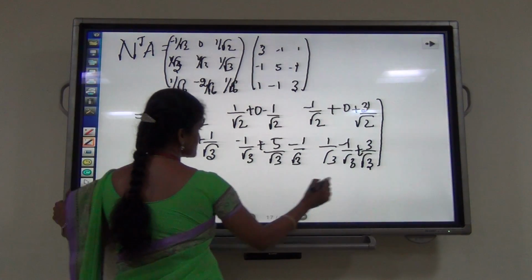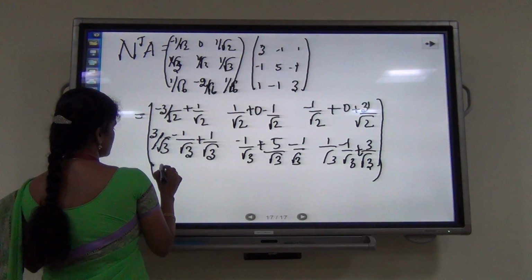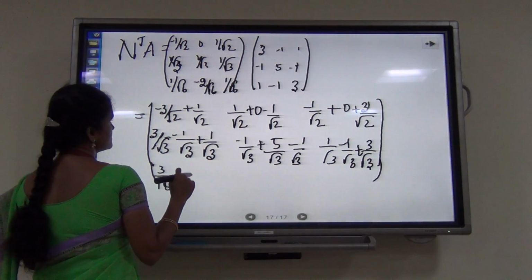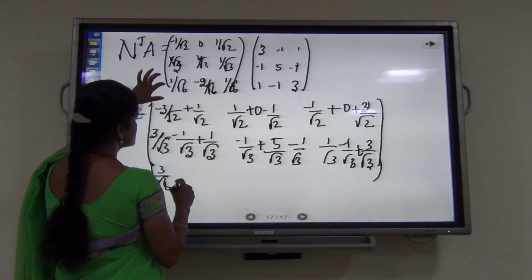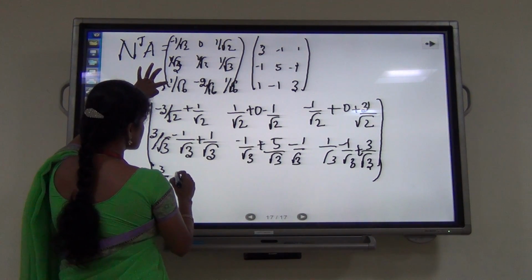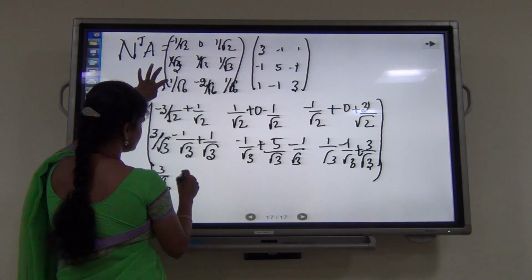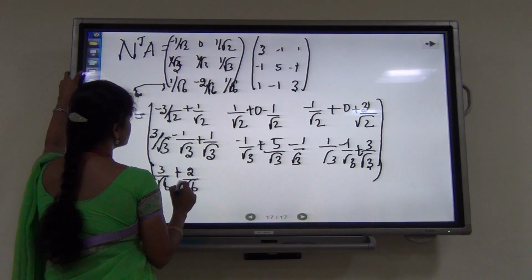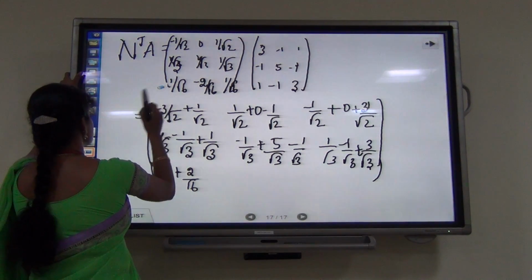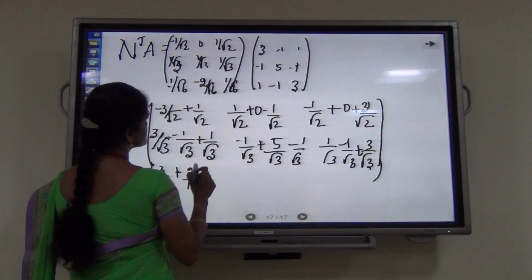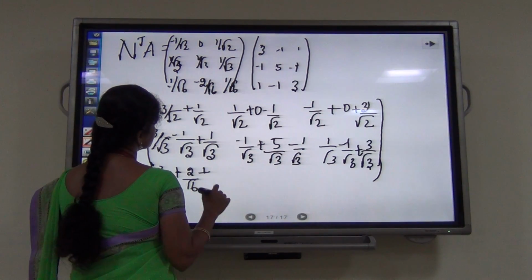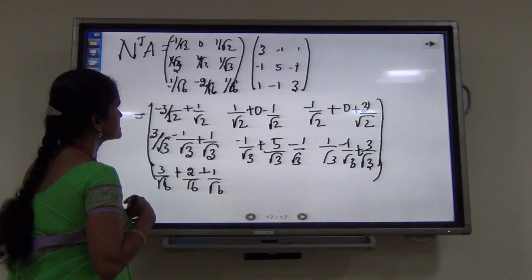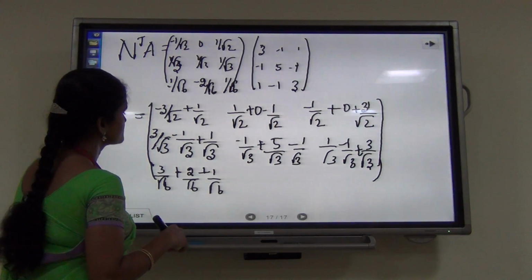And the last row is 3 by root 6, so the last row with all the 3 columns. It is 3 by root 6 plus 2 by root 6 plus 1 by root 6.